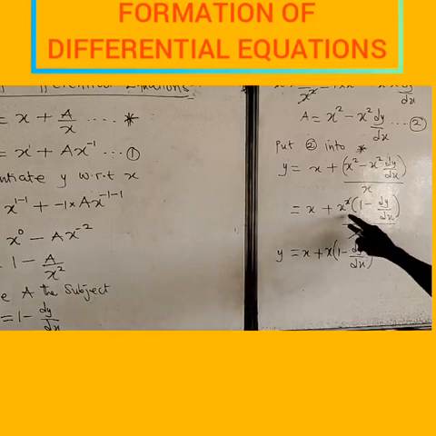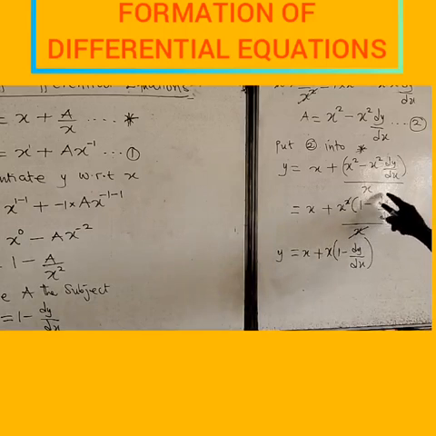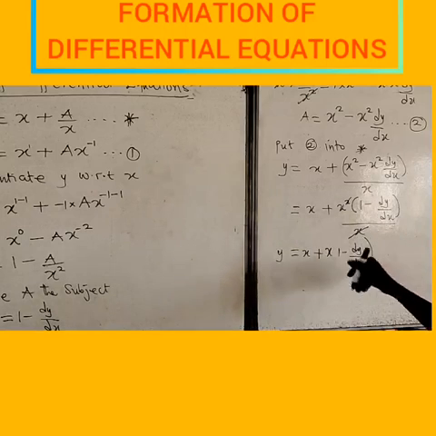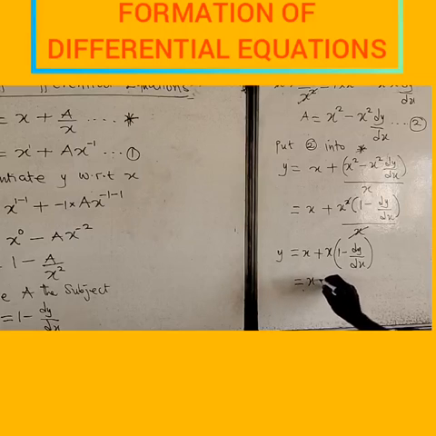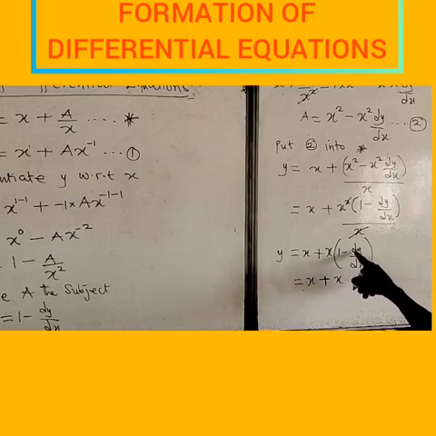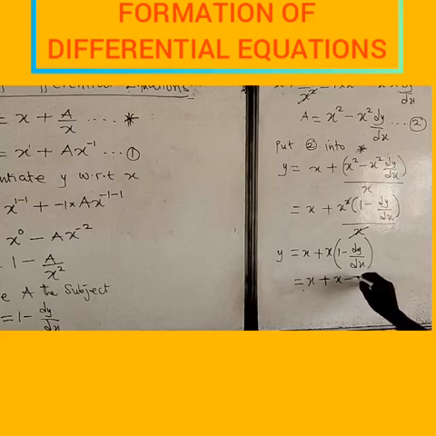So we have x bracket open 1 minus dy dx. And what we can also do is, if we expand, we get x plus x times negative dy dx, which is negative x dy dx.